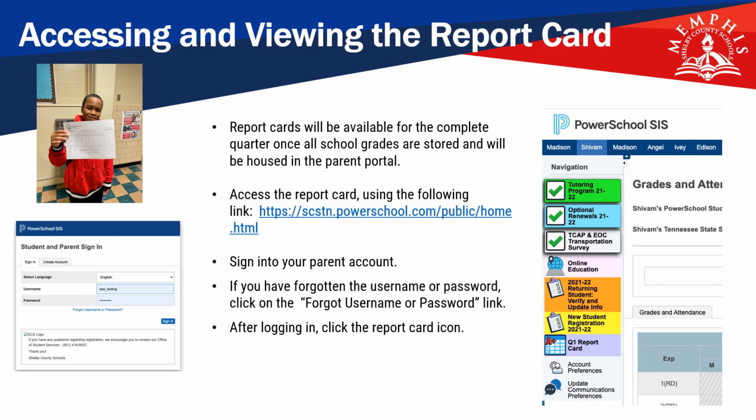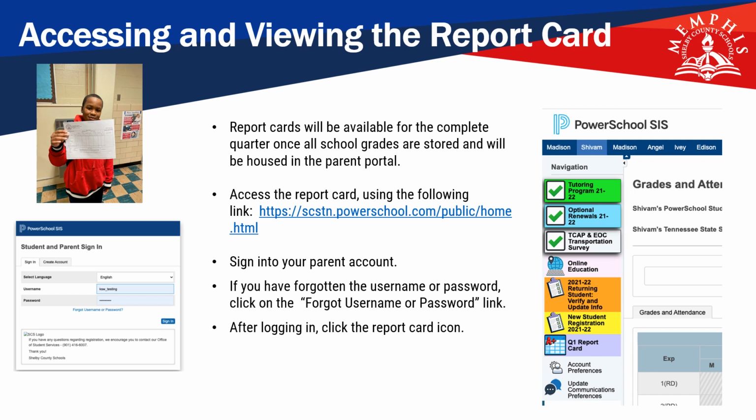So let's talk about accessing and viewing report card grades and progress report grades. All parents are encouraged to either log into PowerSchool SIS on a computer as you did when you were registering your children, or to download the PowerSchool app on your phone so that you will be able to see your child's grades and conduct in real time.